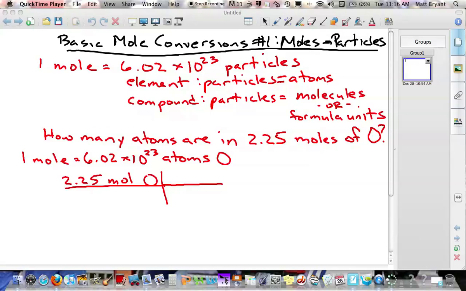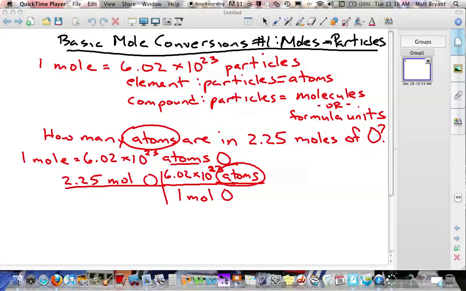Obviously, we want to cancel anything that's not atoms, so we want to cancel moles. Now, we know, because we just wrote it up above, that 1 mole of oxygen is equal to 6.02 times 10 to the 23rd atoms of oxygen. So now that we know that information, we should check to make sure that we have the units we want. And in this case, we do. We want atoms, because that's what we were asked about, and we have atoms right here.